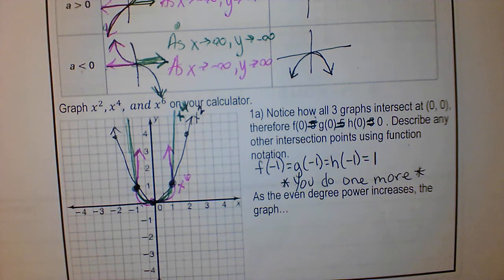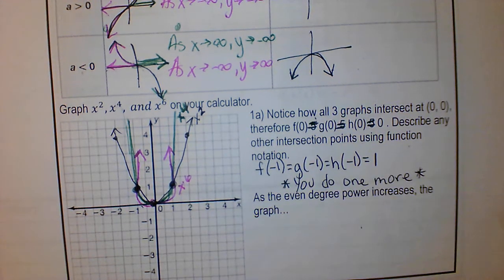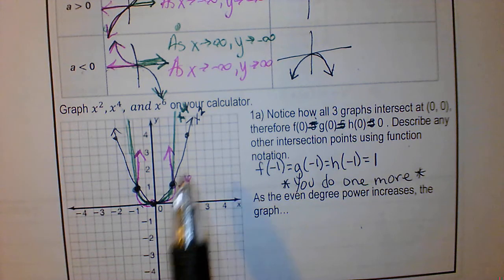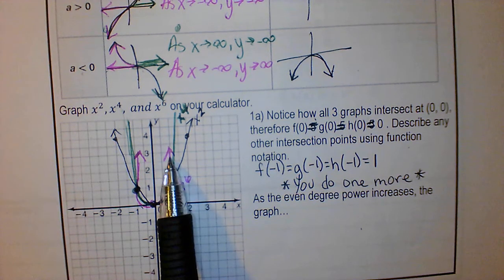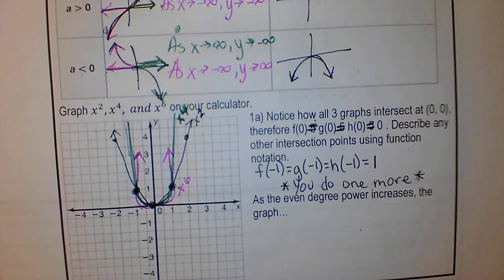Next, we're going to answer our little sentence stem. It says, as the even degree power increases, as we go from 2 to 4 to 6, what's happening to our graph? You should be noticing 2 things. The first thing is that as it gets bigger, we get steeper. The graph gets steeper.